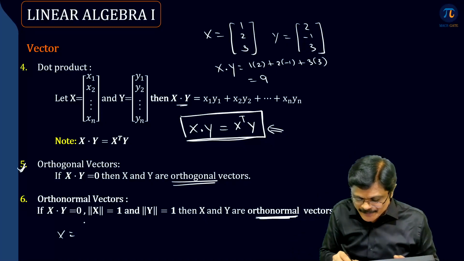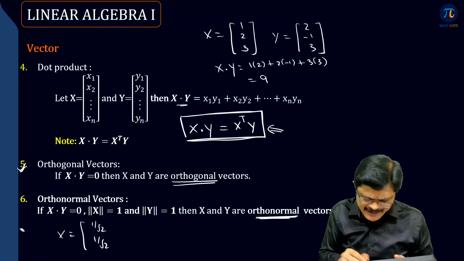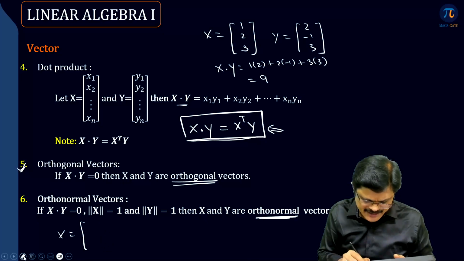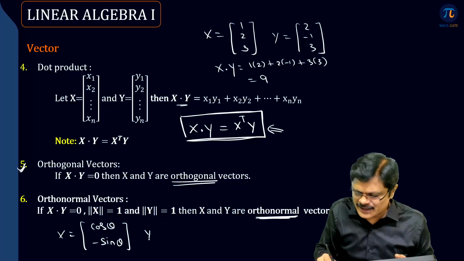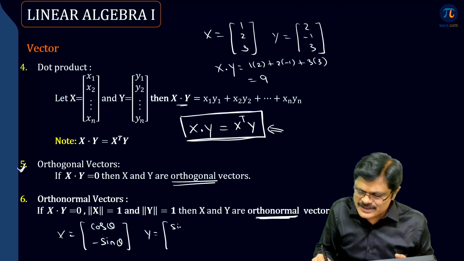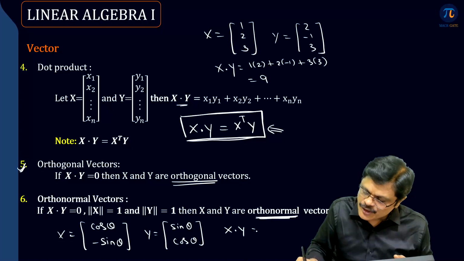For example, let us take a better example: x is equal to (cos theta, minus sin theta), and y is equal to (sin theta, cos theta). Now let us find x dot y.